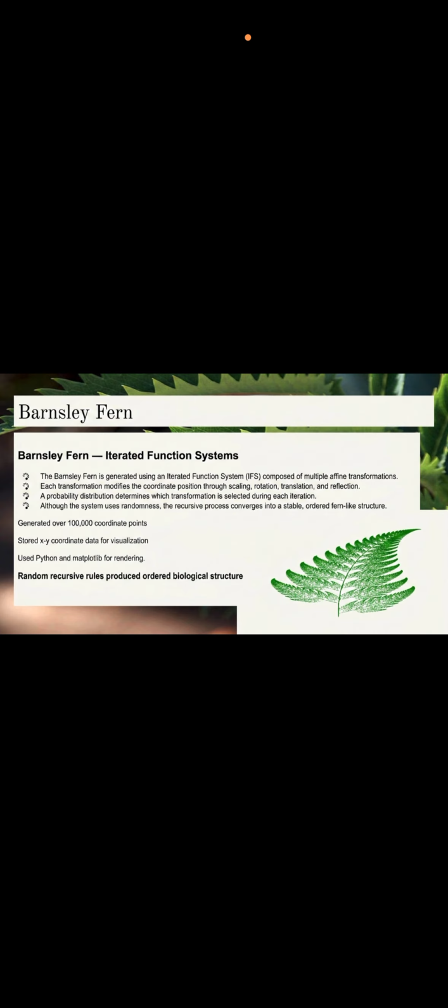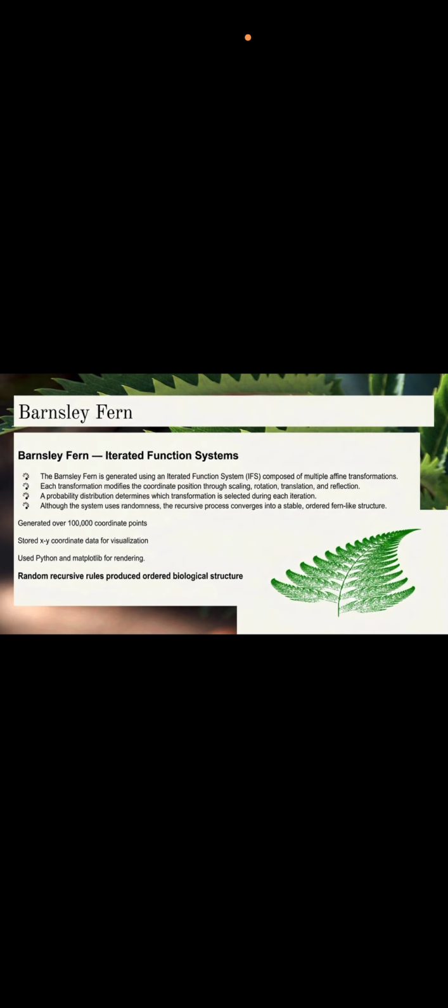If you see each of these leaves here, we start at a single point. I will explain how each of these fractals is generated, but it starts from a single point, and through scaling, rotation, and translation, you produce other points that start producing a stem and then the successive leaves, each leg on the stem producing its own leaves.